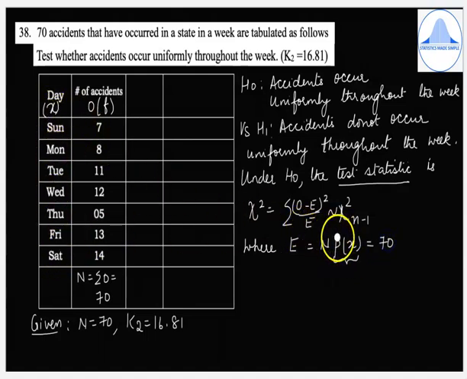P is the probability of an accident occurring on any day in a week. So this is 70 into 1 by 7, which is equal to 10. So now in the table, form a column E and throughout write 10.